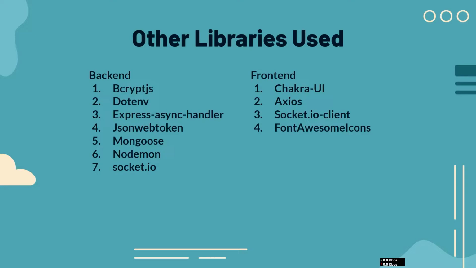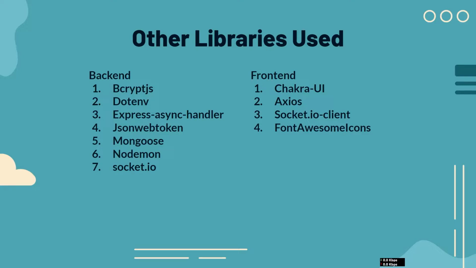I made sure of that. And dotenv is used for securing my URIs from other users. Whenever I upload my code to GitHub or any version control system, this file is ignored by Git. Express async handler deals with the async errors and it handles them pretty well.